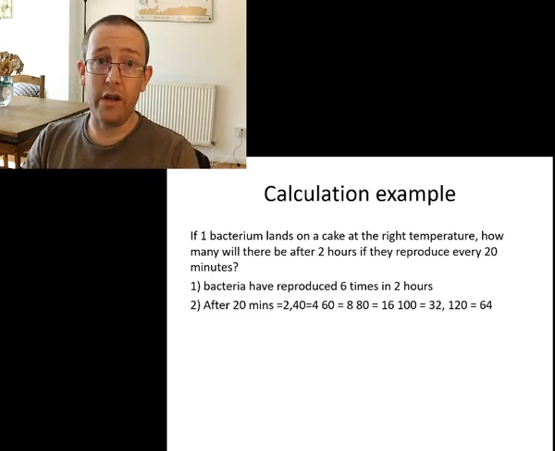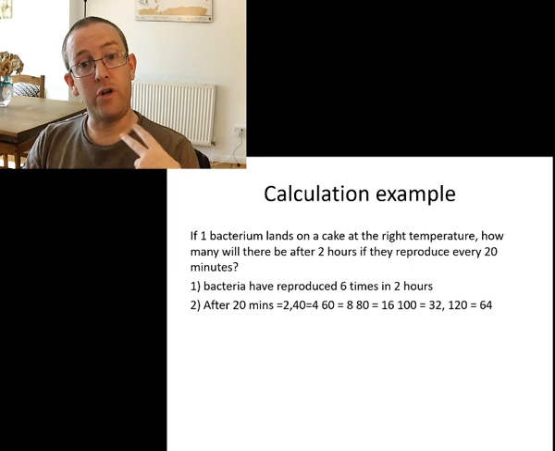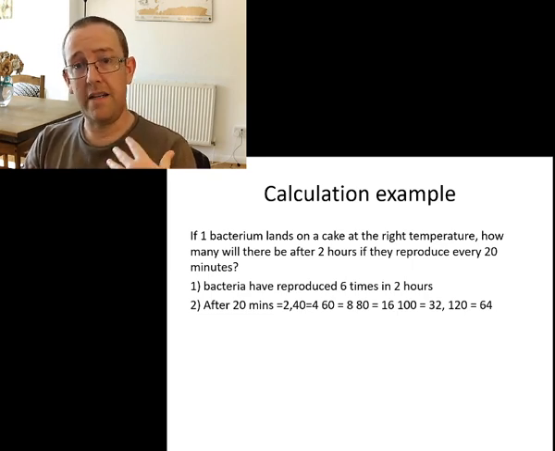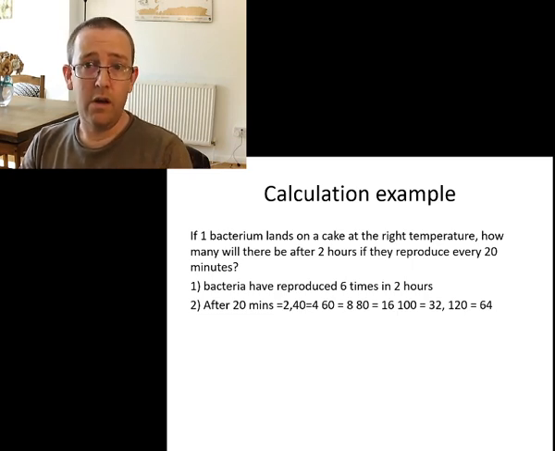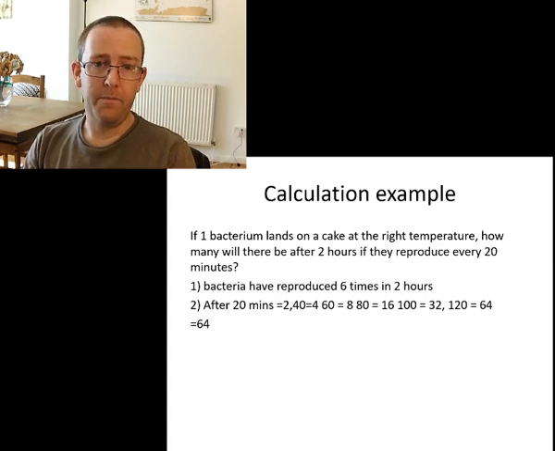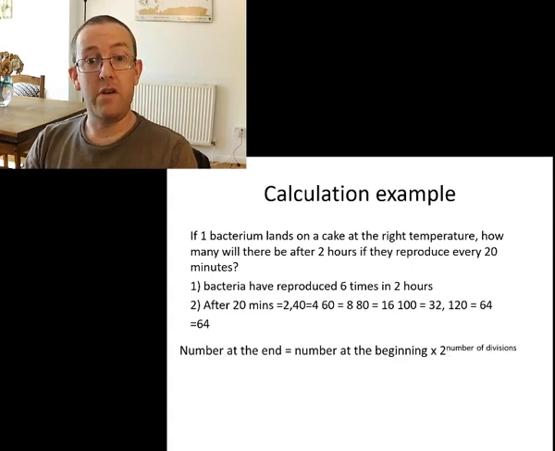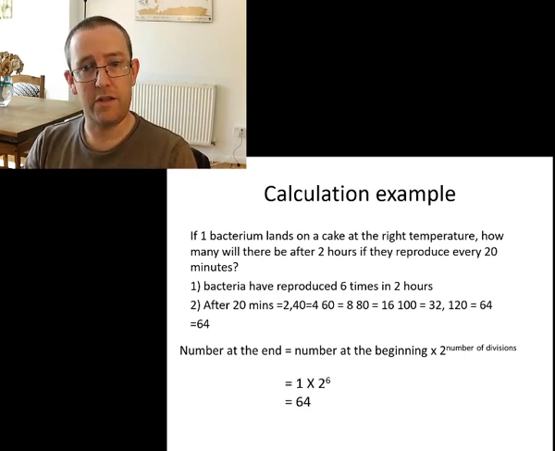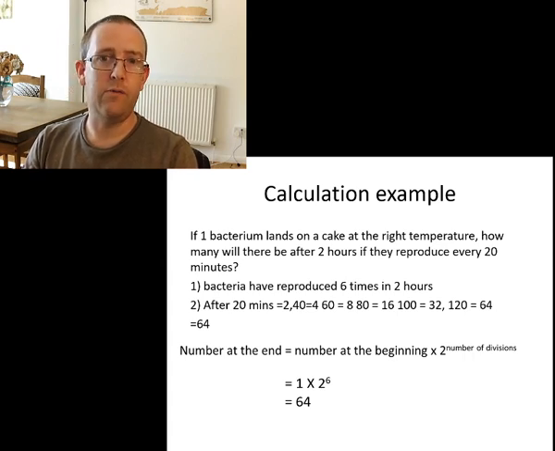Okay, because you can work it through. After 20 minutes you'd have 2, after 40 minutes 4, 60 minutes 8, 80 minutes 16, 100 minutes is 32, 120, 64, and so on. So you end up with 64 that way. So the number at the end is the number at the beginning times 2 to the power of the number of divisions. So that's 1 times 2 to the power 6 equals 64.